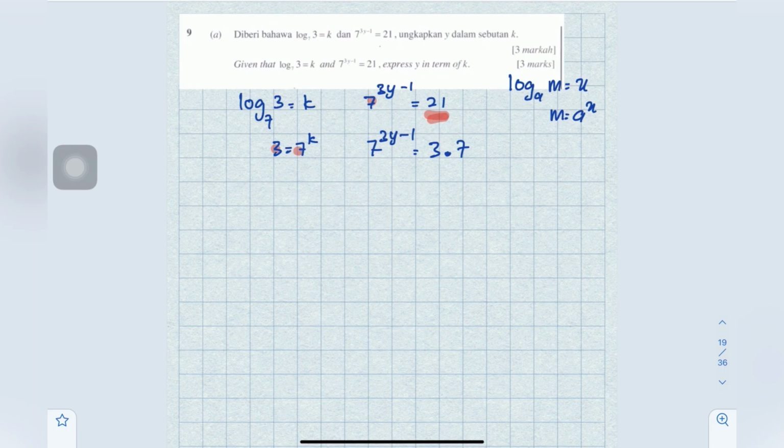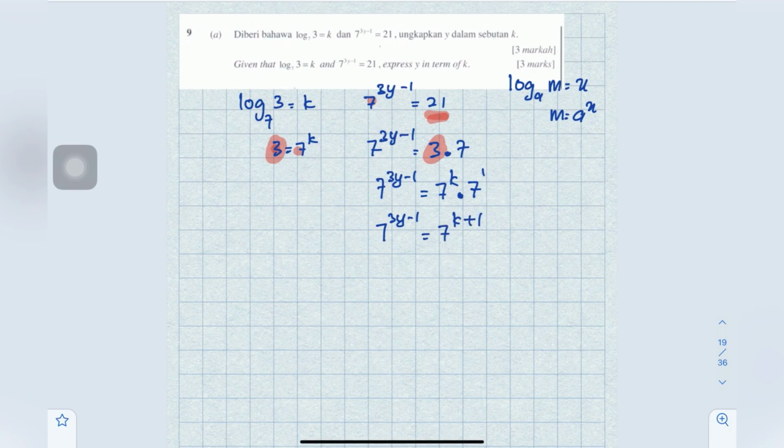Okay, and 3 sini tengok ni, 3 is this one. So kita boleh masukkan lah. 7 power of (3y minus 1) equals 7 power of k darab dengan 7. 7 is 7 power of 1. Okay, so kita ada laws of indices. Kalau base sama, powernya ditambahkan. So 7 power of (3y minus 1) equals 7 power of (k plus 1).